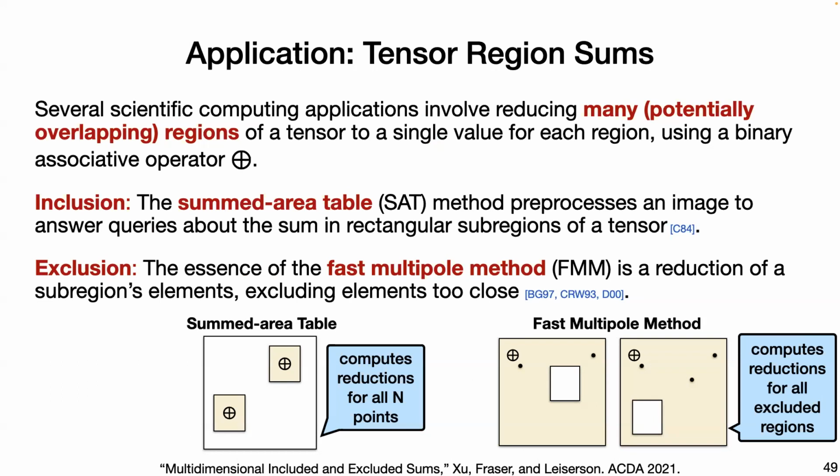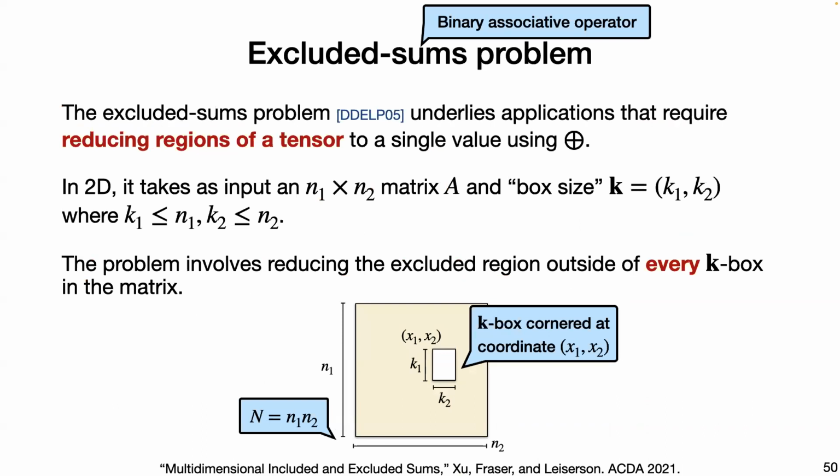In the fast multipole method, you want to do the opposite. You define some area, and then you want to reduce everything outside the area into one single scalar.